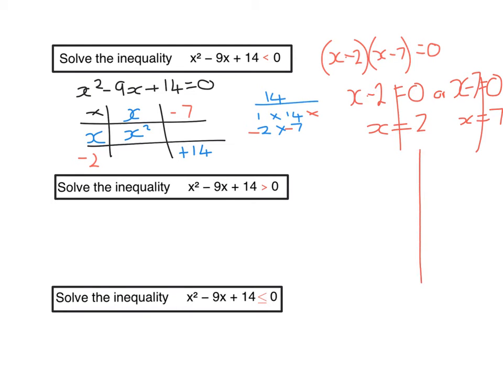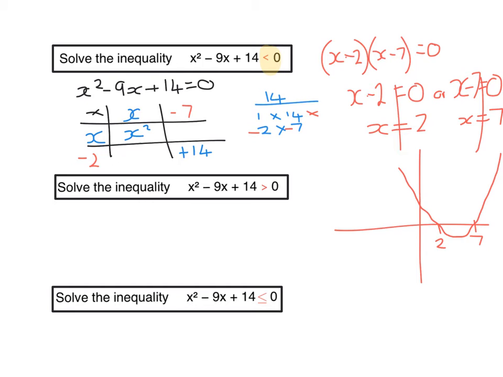So when I draw that on my quadratic graph, I'm going to have a quadratic that crosses at x is 2 and x is 7. So it's going to look like this. Okay, now I go back to my inequality symbol. The inequality symbol here was anything less than 0.